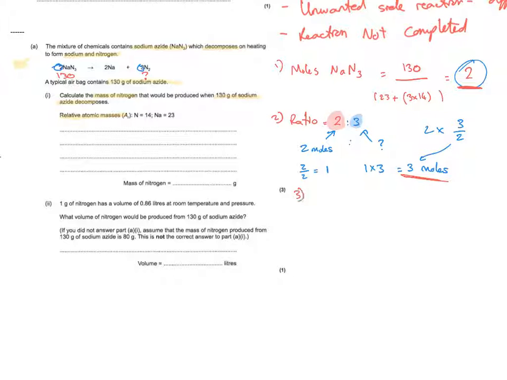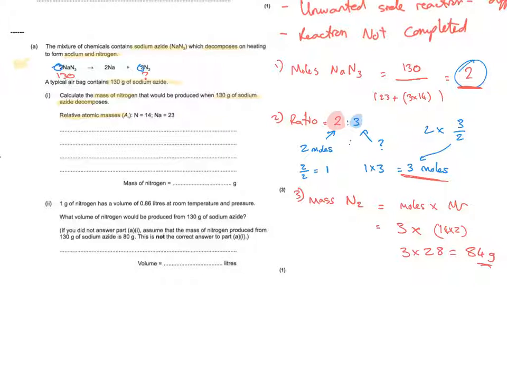So my final step is my mass of nitrogen is moles times MR. Well, my moles are 3 and my MR is 14 times 2 because I've got 2 nitrogens. So it's 3 times 28, which equals 84 grams.